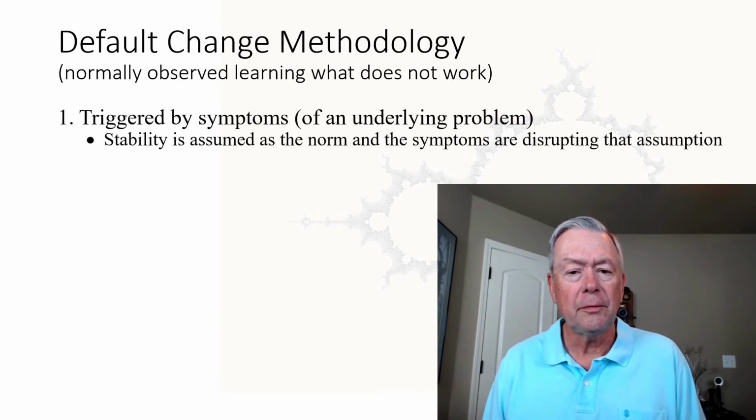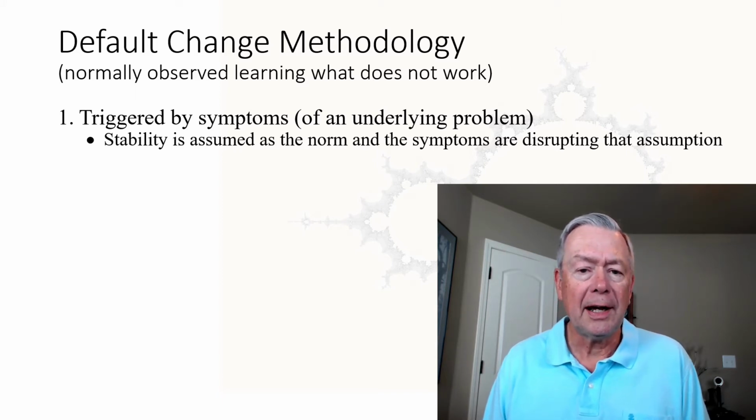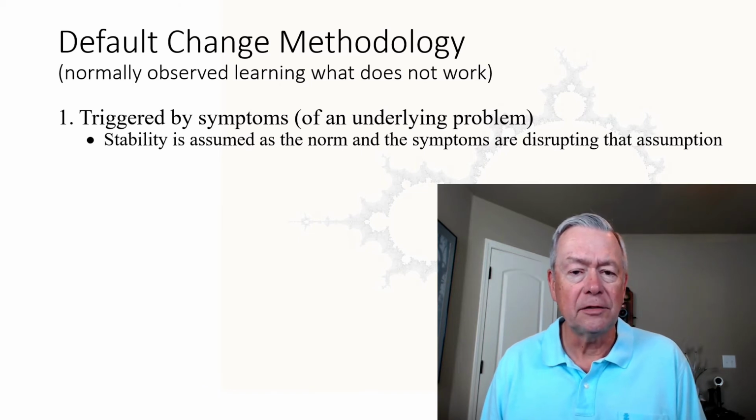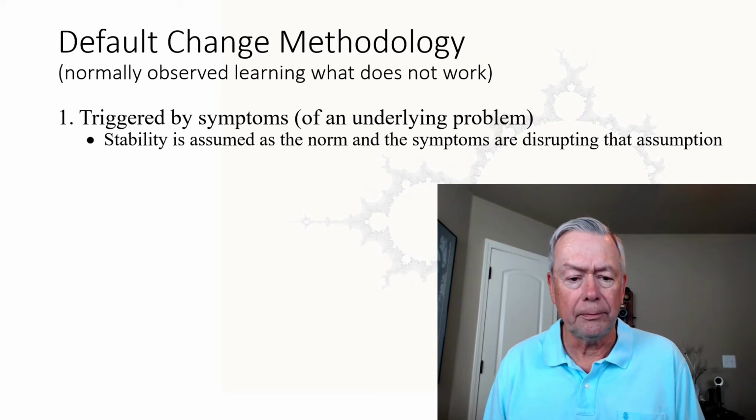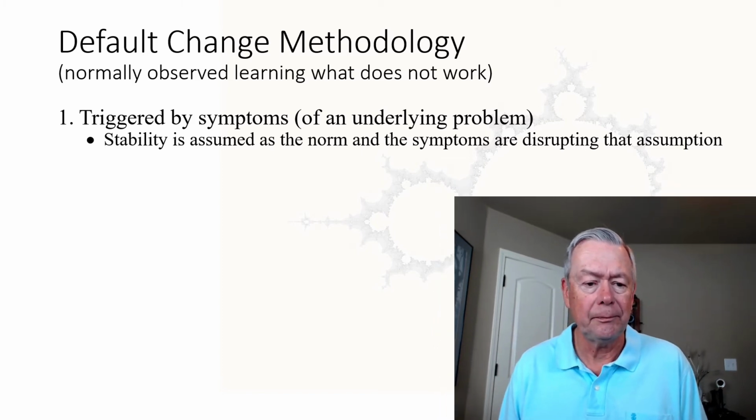So first off, generally what triggers the change project is some symptom, and too often we rely on the symptom as the focus without getting to the underlying core problem. Some stability is assumed as being normal, and the symptoms are disrupting that stability.